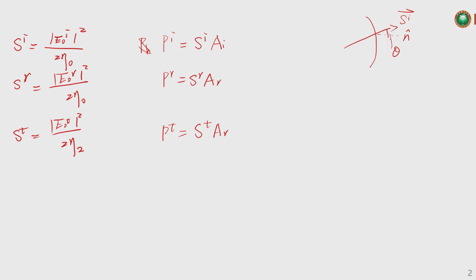Under this area, for example, if the beam width across the area is A, it becomes I times A times cosine theta I, right? If it's theta or theta I. And here is the same thing for the reflected.